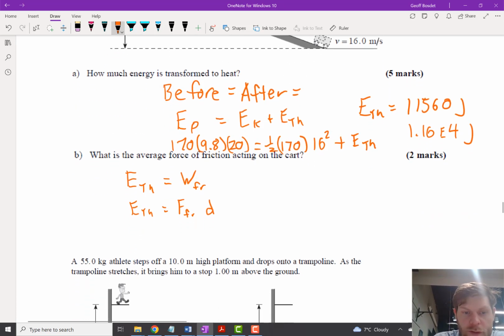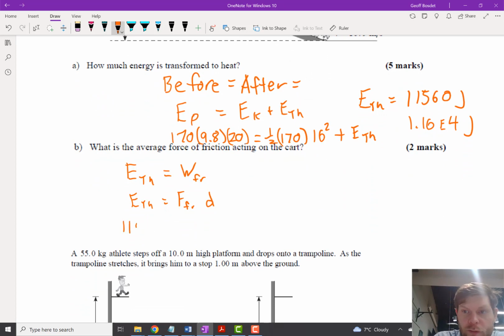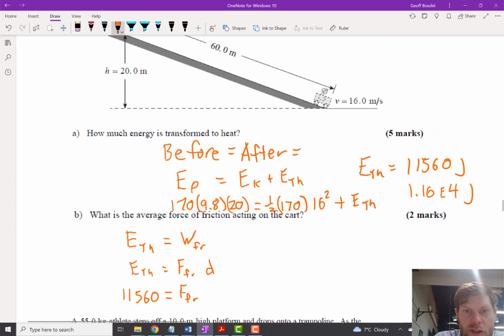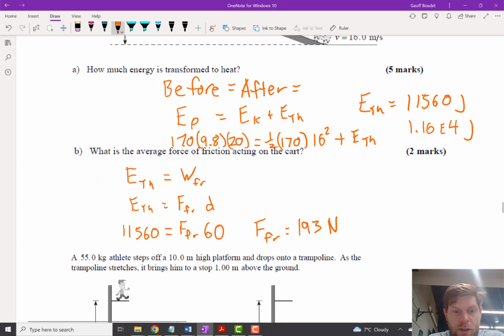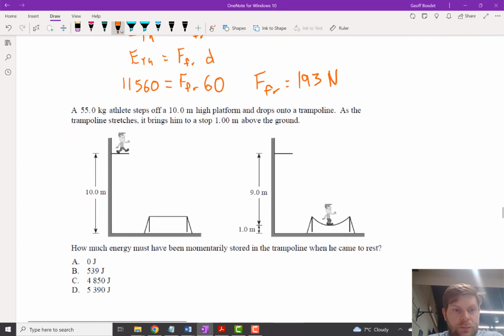So we got 11560 equals force of friction times 60, which is the distance it acted for. So that gives us a force of friction of 193. Alrighty, next guy.